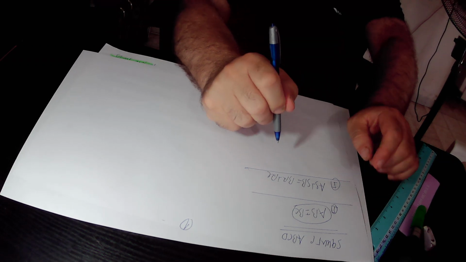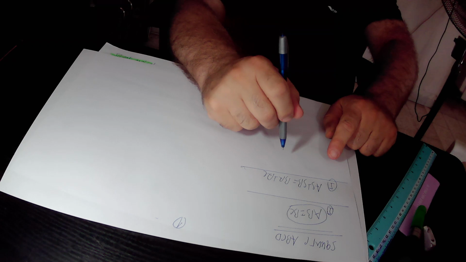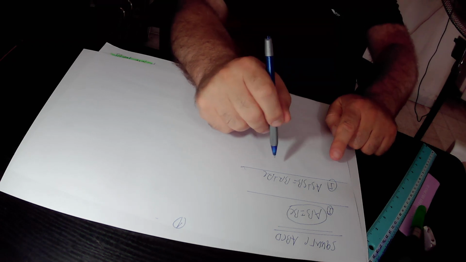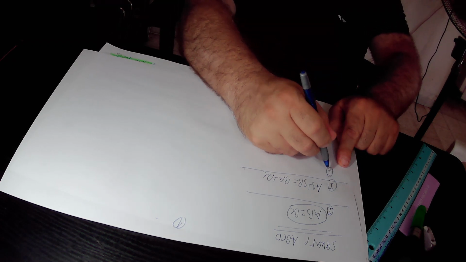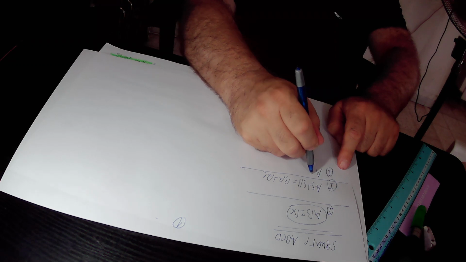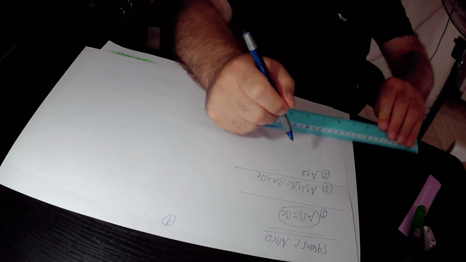So in total, according to equation 1, I shall find out that AS plus SB equals BQ plus QC. AS is the missing side, so we leave it as it is, plus SB.